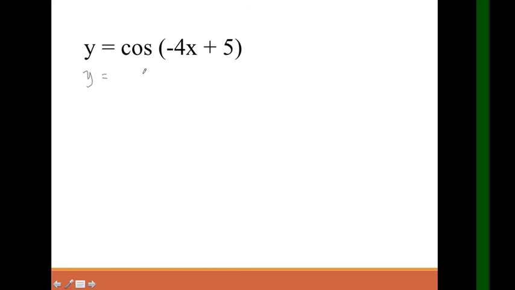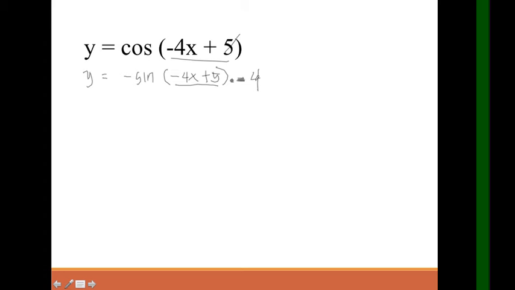The derivative of cosine is negative sine, and then negative 4x plus 5. Okay, and then what is the derivative of the one inside the parentheses, negative 4x plus 5? The derivative of 5 is equal to 0. And then the derivative of negative 4x is negative 4. So that is negative 4. Okay? Multiply to negative 4.